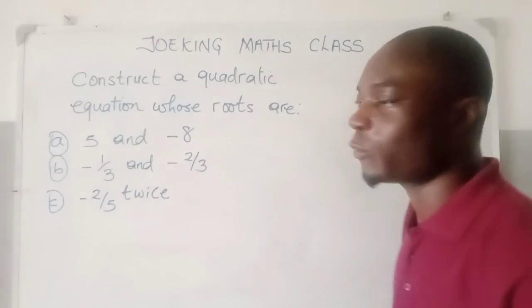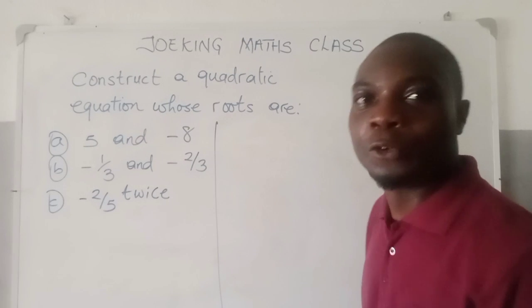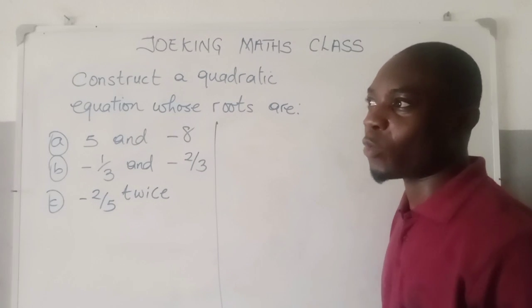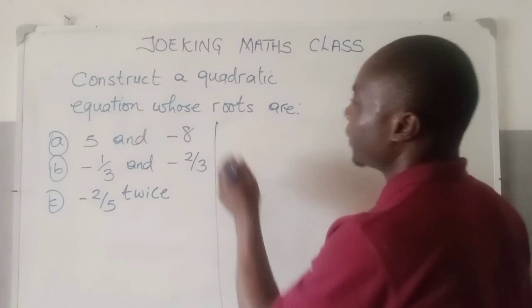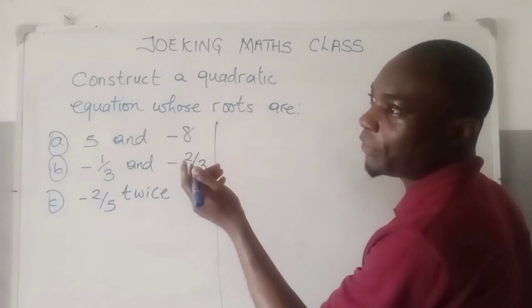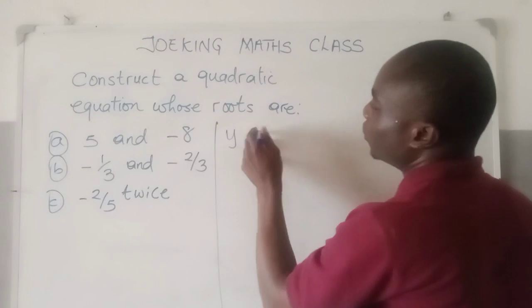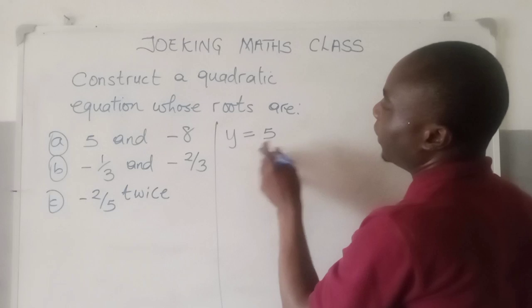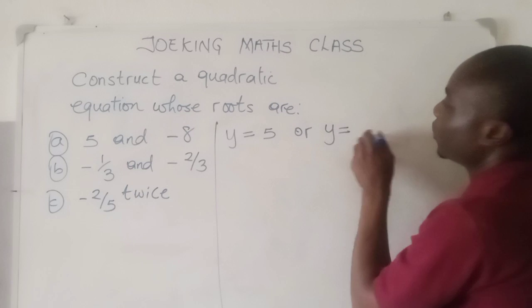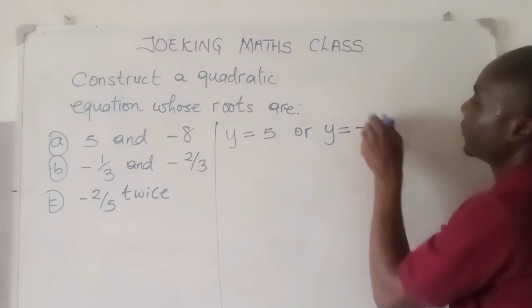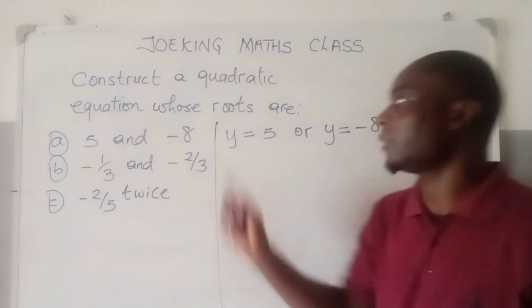All right. So for the first question, question A, we can have the unknown variable, our x or y or any letter. Let's use y. We can say let our variable be y. So y is equal to 5 or y is equal to minus 8, because we're given the roots of the equation as 5 and minus 8.